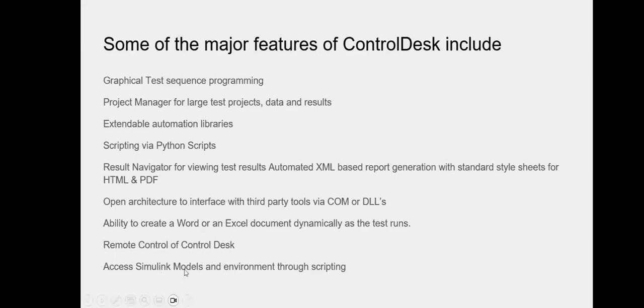Simulink models, what we discussed, plant models, right? There will be the environment too. We can access the Simulink models, and then the environment through scripting. What is the environment? There are CAN bus signals, or PWM, ADC, DAC, all those signals, digital IOs.